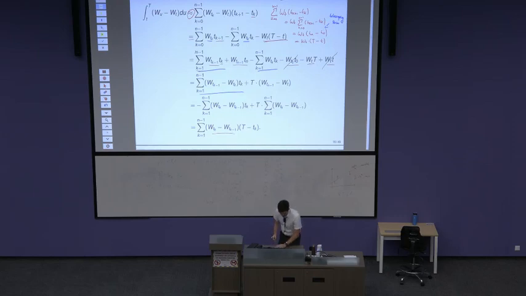And what I have here, Wtn minus 1 times Tn, is just Wtn minus 1 times capital T. So I can write this together, both have the factor capital T, as capital T times the difference of Wtn minus 1 and Wt.